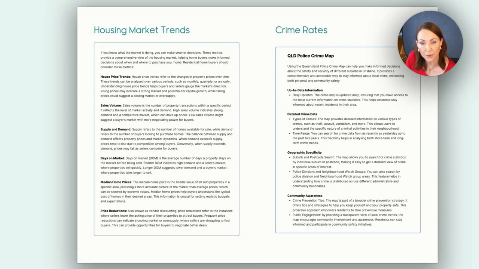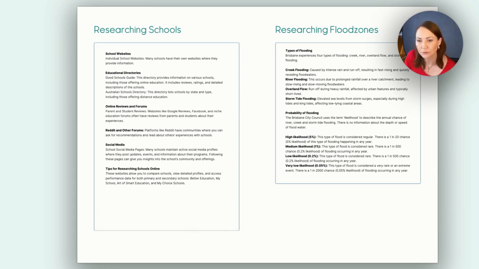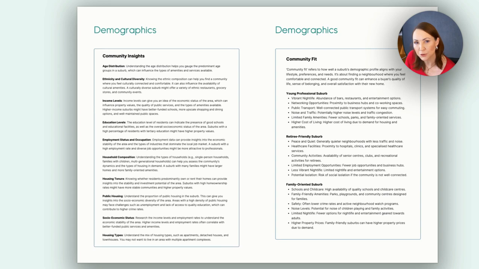The Queensland crime map by the Queensland Police is really helpful for identifying if there have been murders in the neighbourhood you're looking at in the last couple of years, or just having a look at drug offences and things like that, comparing one suburb to another suburb. If you've grown up in Brisbane, you've probably got a really good idea about that, but some people haven't. Then there's researching schools. These are different options and ways that you can research schools and research flood zones. This page talks about the different types of flood zones in Brisbane.